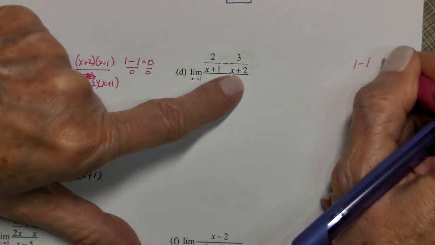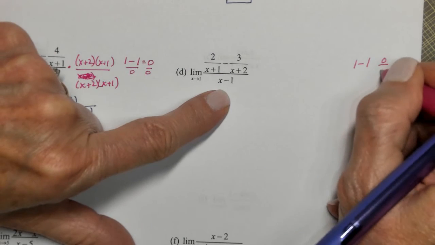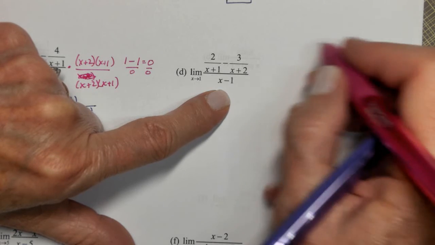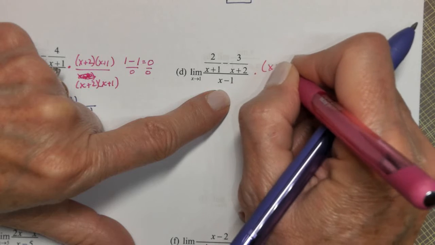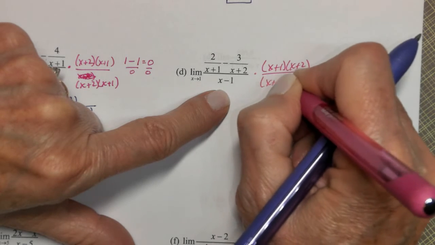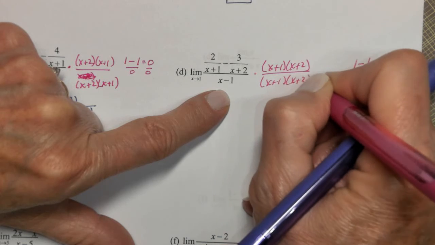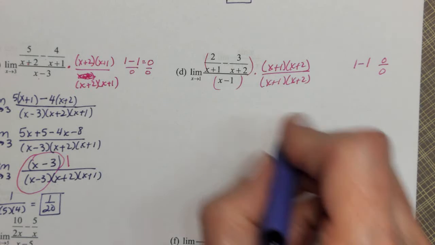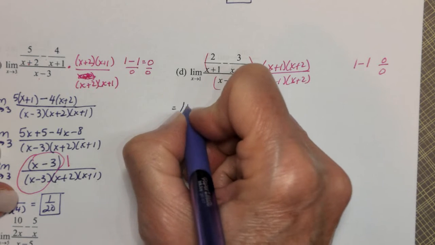So we get 0 over 0. That's indeterminate. And there's a hole. Got to find the hole. We're going to multiply by x plus 1, x plus 2, divided by x plus 1, x plus 2. Alrighty. Rewrite your limit.